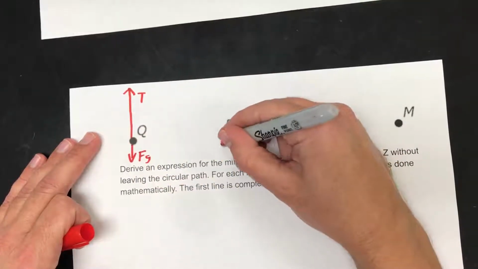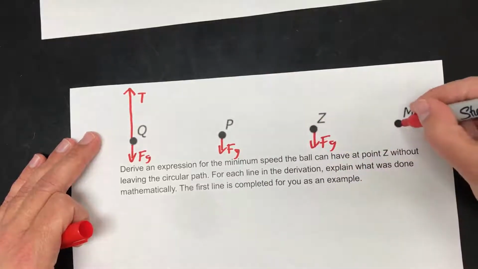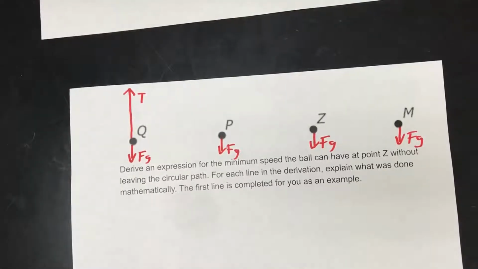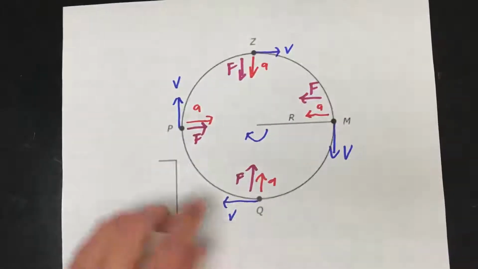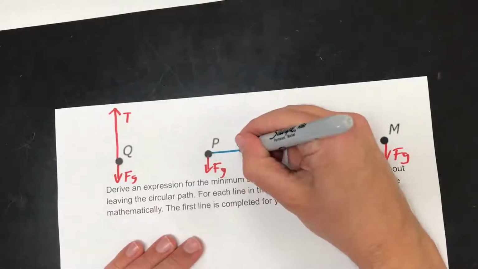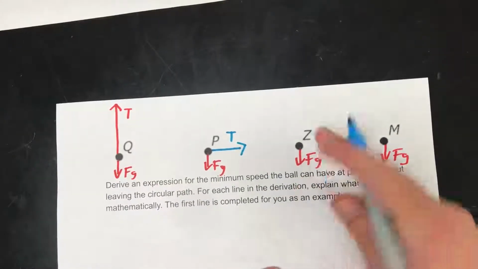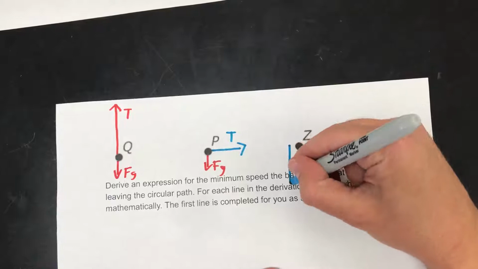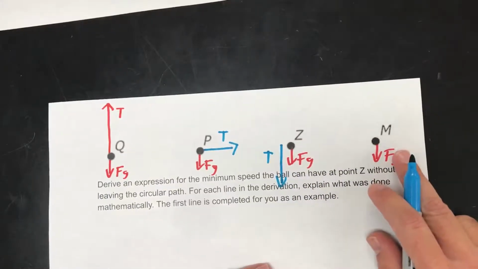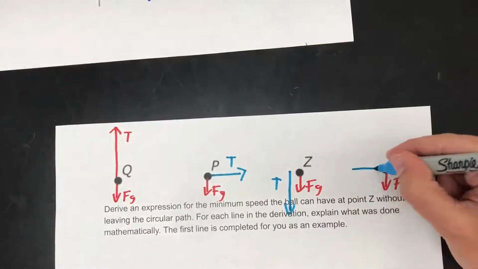By the way, the force of gravity down, I'm going to go ahead and add that to all of them, because in every case, the force of gravity should be straight down, and it should be the same length. Now at point P, that's the one on the side here, the force of gravity will be down, and the tension will be towards the center to the right there. Z's up at the top, so force of gravity is down and tension's down as well. And then over here at M, that is on the right side over here, so the tension would be pointing in towards the center.